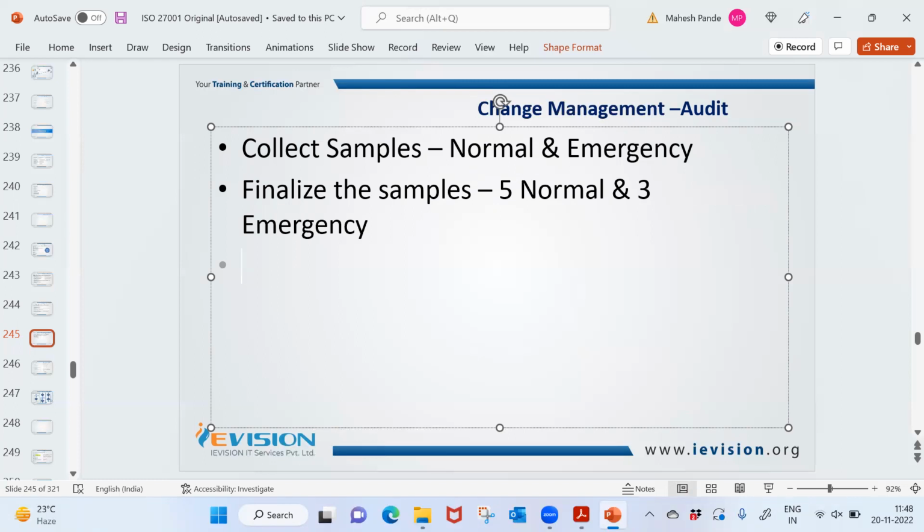I will look at, in change management, first of all, the roles in change management.